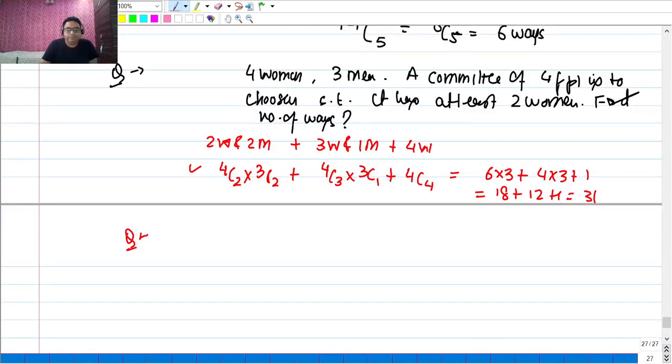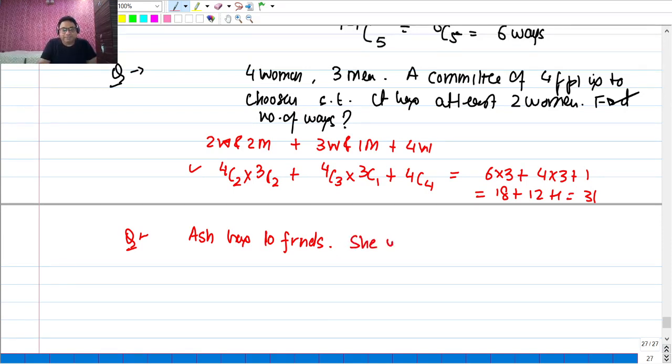Question. Aishwarya, oh, again Aishwarya comes, huh? And remember, whenever I use Aishwarya, Salman, Abhishek, Vivek, remember it is something important. Aishwarya has 10 friends.